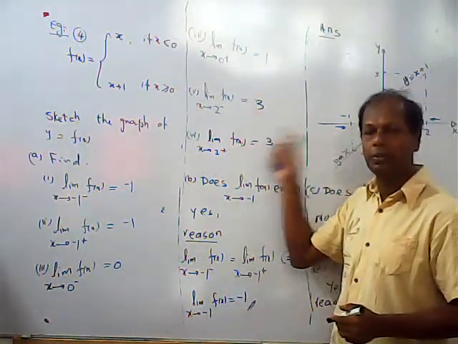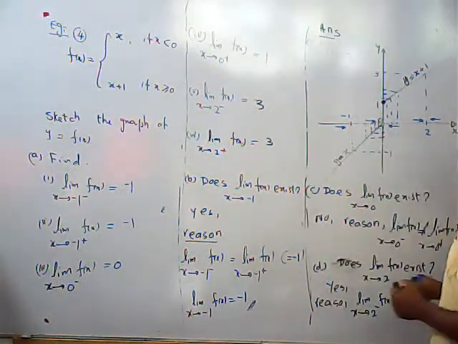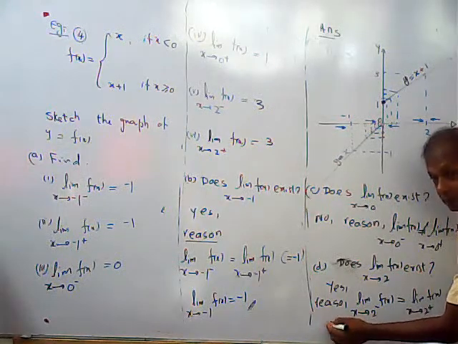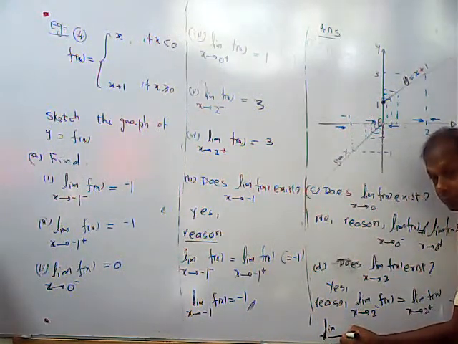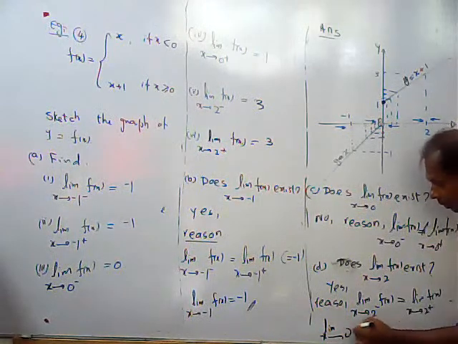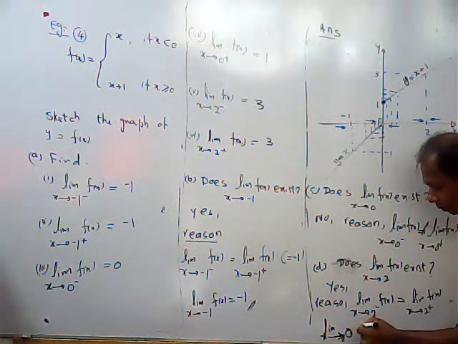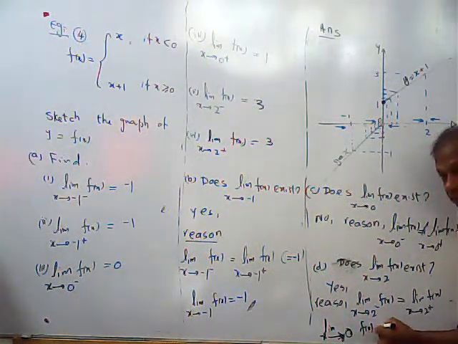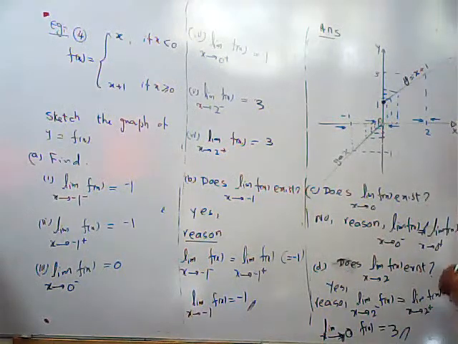Therefore, the limit at 2 is 3. Right? The limit of the function as x goes to 2: as x goes to 2, f(x) is equal to 3. Okay, that is the complete answer.